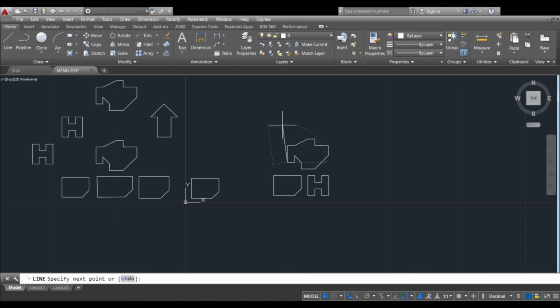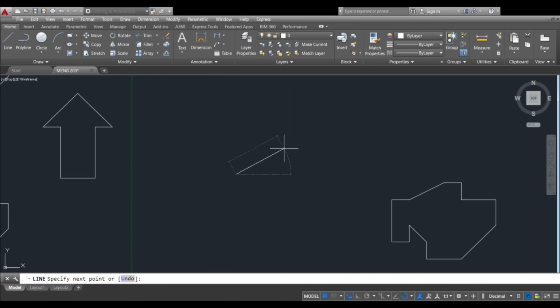So that is the previous drawing. Let's undo. It is located at 6 comma 10. Okay, so that is the location of our first point, point A.